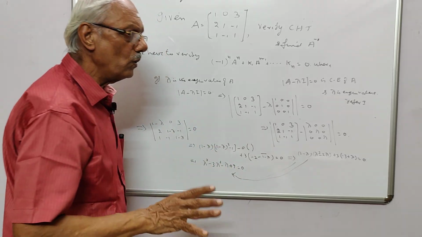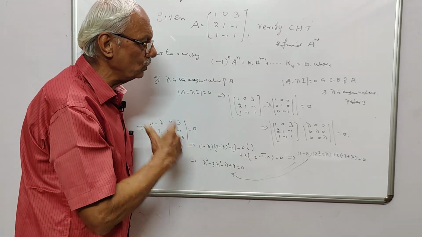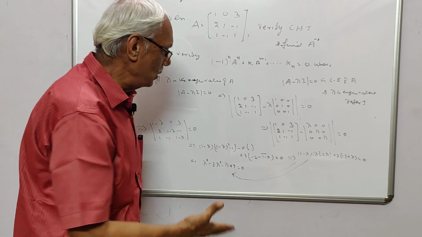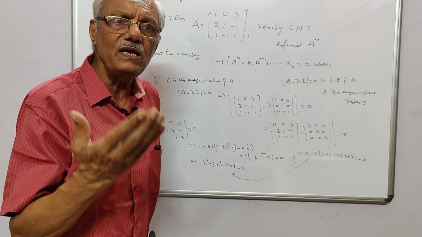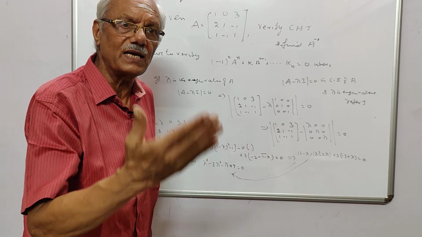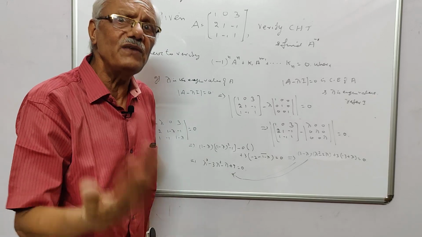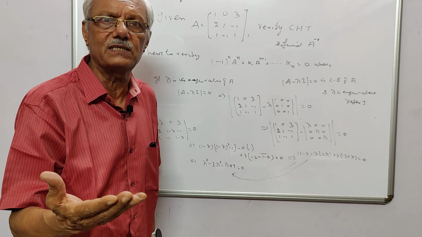Now I will tell you the check. What is the check? If you go through like this and try to verify whether you have got the proper characteristic equation. Only when you are assured of the proper characteristic equation that you have arrived at, verification will work; otherwise it will give a wrong answer.